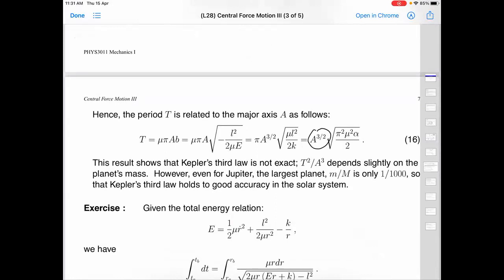Now, if you are Kepler, if you were Kepler, are you satisfied with this expression? Why?